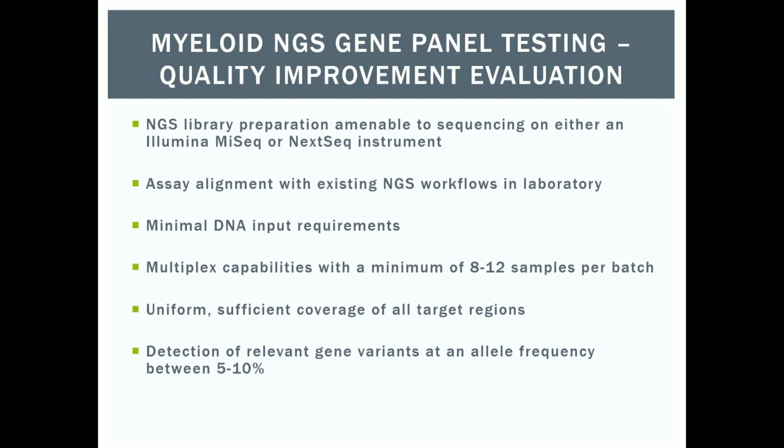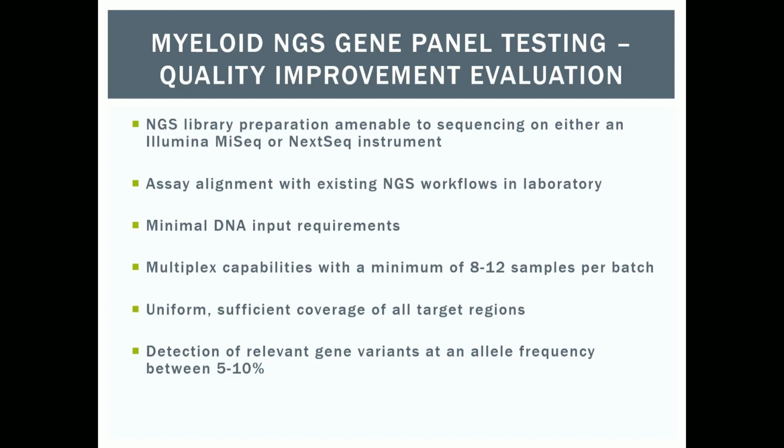Secondly, the assay should align with other existing NGS workflows in the laboratory. Third, we wanted to consider the minimal DNA input requirements. This is particularly important for bone marrow aspirates with low volumes that need to be split between several labs, including flow cytometry, pathology, molecular oncology, and cytogenetics.